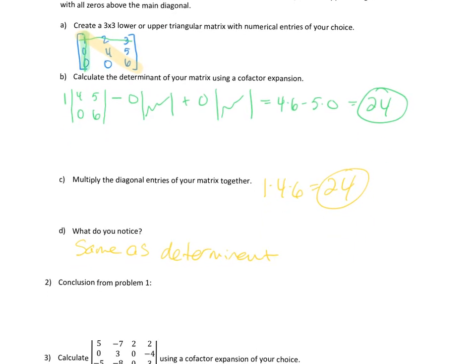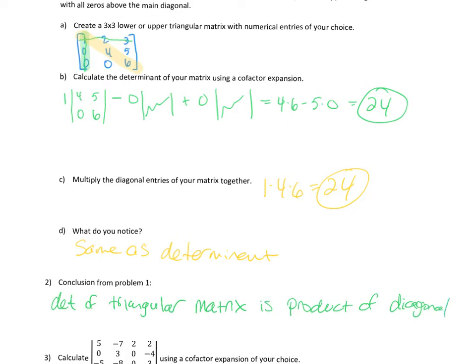So our conclusion from part 1 is that the determinant of a triangular matrix, whether upper or lower, can be calculated by multiplying the diagonal entries together. It is the product of the diagonal entries.